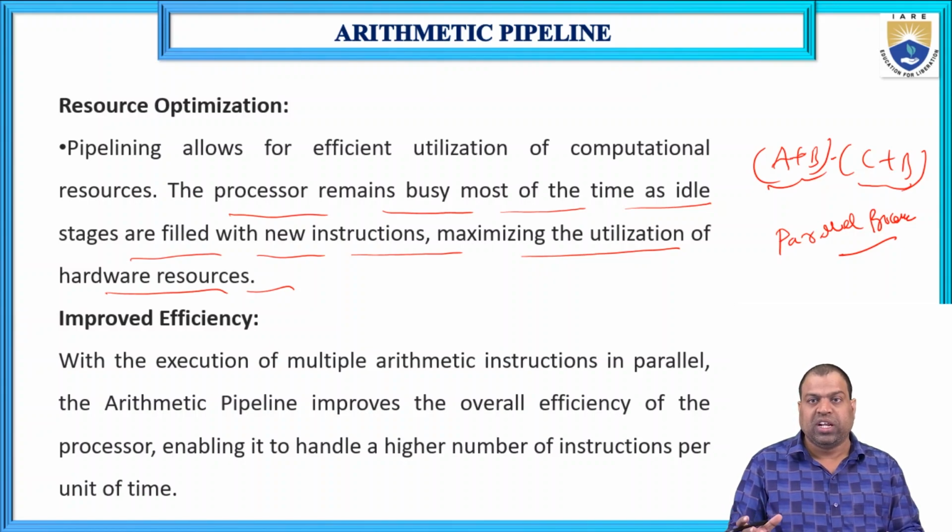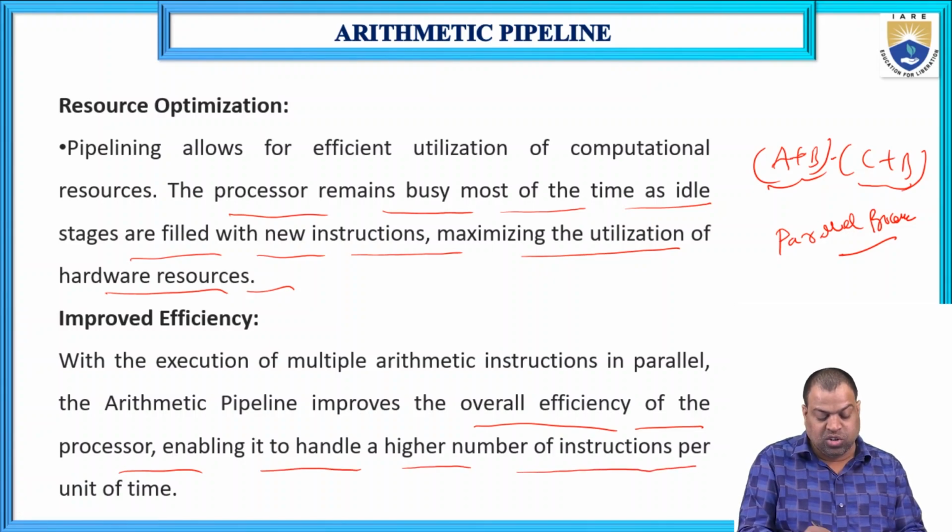How much you are utilizing the processor is also important, and what new instructions you are defining is an important thing. And improved efficiency: with the execution of multiple arithmetic instructions in parallel, the arithmetic pipeline improves the overall efficiency of the processor, enabling it to handle a higher number of instructions per unit time.